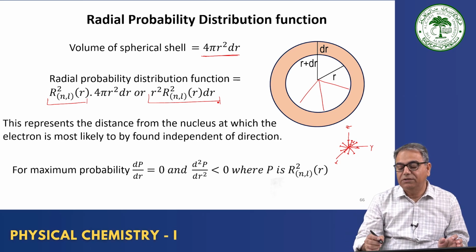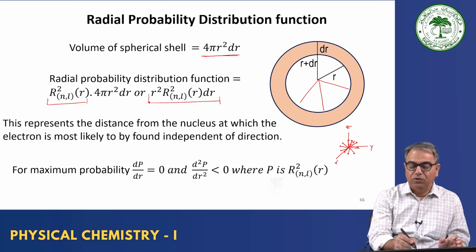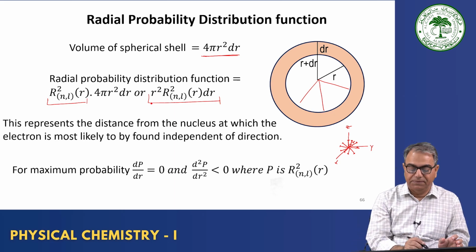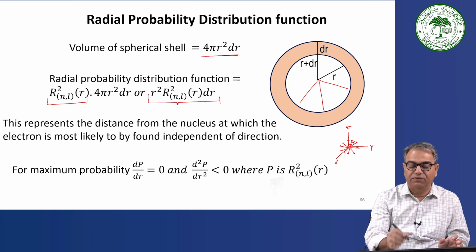To find the maximum probability of the electron away from the nucleus, you differentiate the radial probability distribution function with respect to r and equate it to 0.